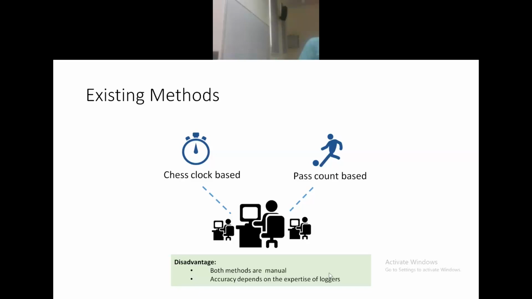If the ball is with team A, you press one button. If the ball is with the other team, you press the other button. If the ball is in a dead ball condition, you press the third button. After 10 or 15 minutes, you see how many minutes the ball was with team A or with team B. That's how you throw out these statistics, or garbage. But that's how it's being done.